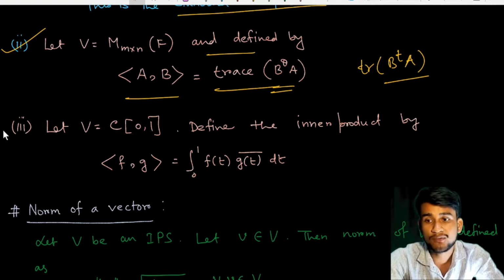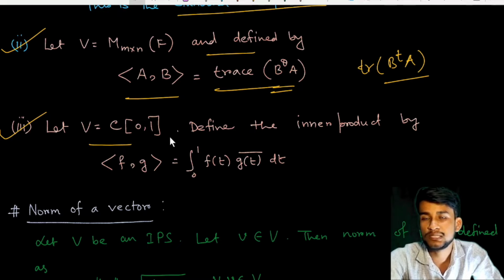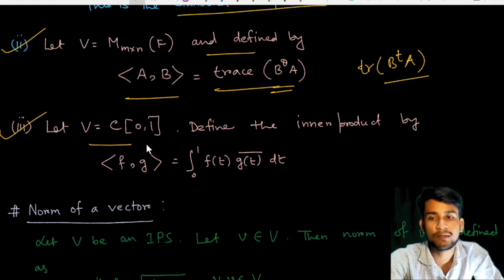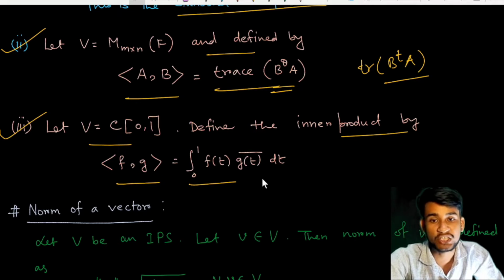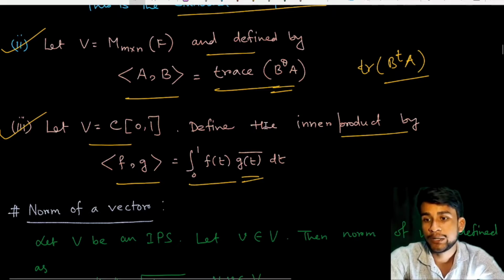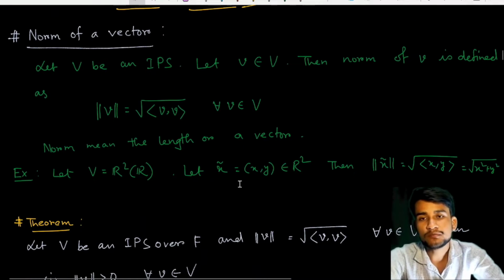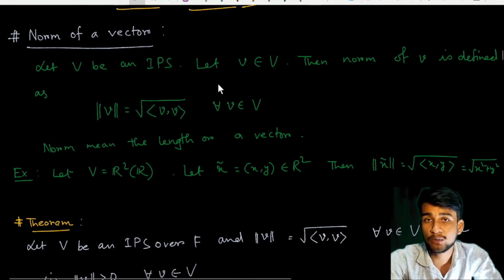For the case of functions, let V equal C, the continuously differentiable, or smooth, functions over the interval 0 to 1. Define the inner product of f and g as the integral from 0 to 1 of f(t) times g(t) bar dt, where g(t) bar is the complex conjugate of the function g(t). So these are the examples of the inner product.